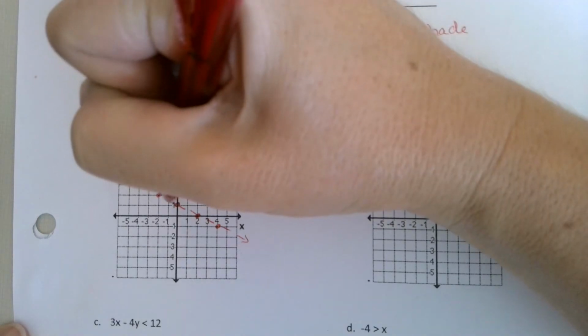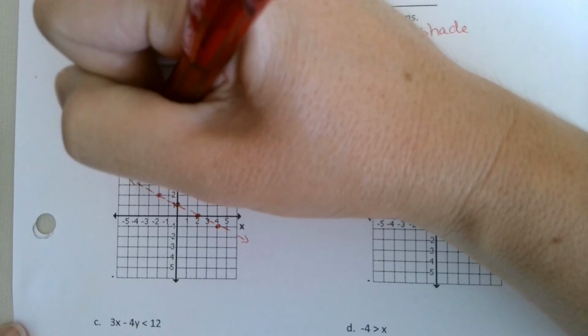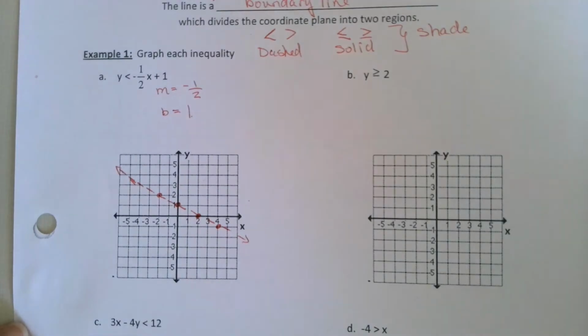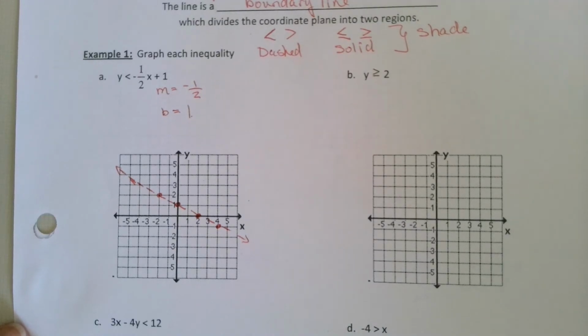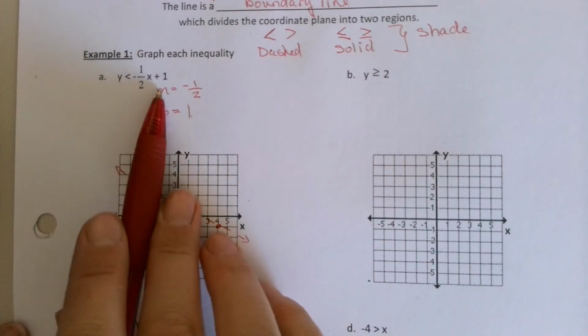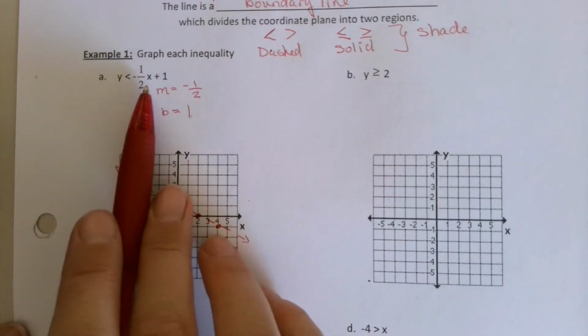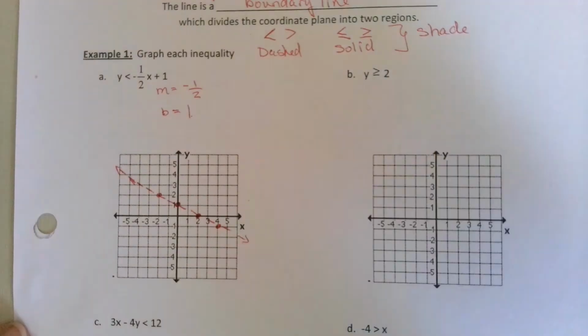And make sure you fill up the graph, because eventually we're going to graph systems of inequalities, so we want to make sure we can look at the whole graph. The next thing we have to do is decide how to shade. And so there's two ways of looking at shading. If I look at this and I see that y is less than the line, reading it as y is less than the line, look at your y-axis, not your x-axis. It's saying y.